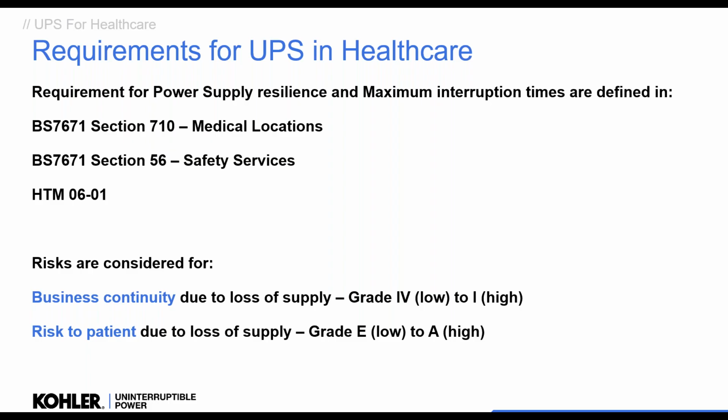And of course, for healthcare, the HTM 0601, which gives a lot of guidance around a lot of things, and especially around UPSs. And it talks about the risk to be considered for business continuity due to loss of supply, and obviously risk to patients.